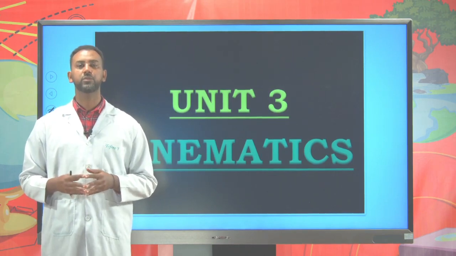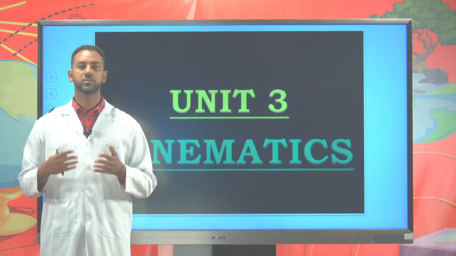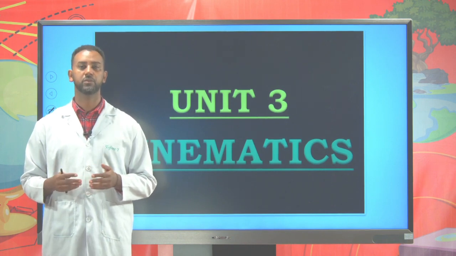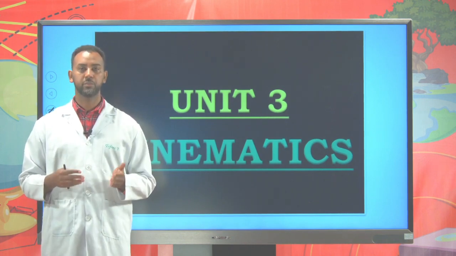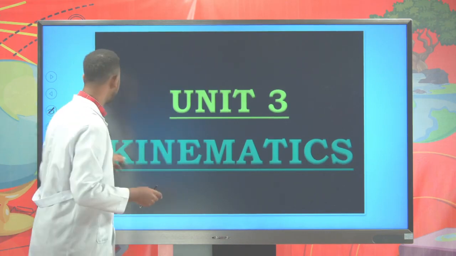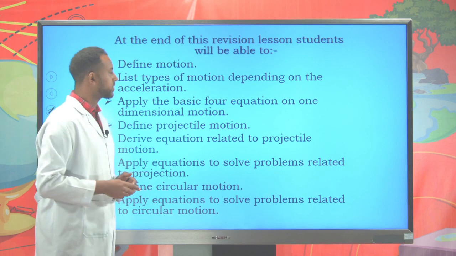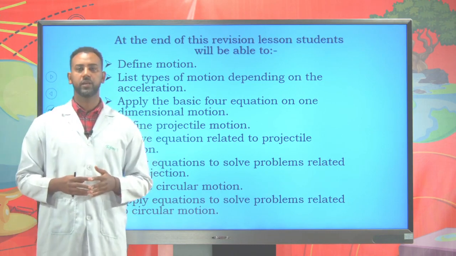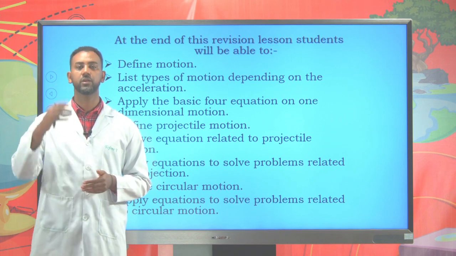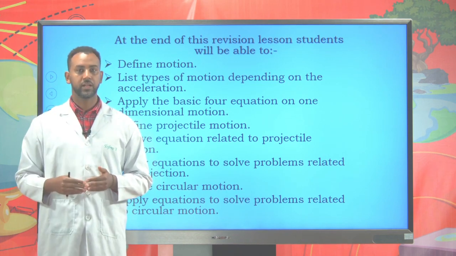And today we'll discuss an important topic: kinematics. In kinematics, we'll look at one-dimensional motion and two-dimensional motion. In this unit, we'll define what motion is, and we'll see the different types of motion depending on the acceleration.